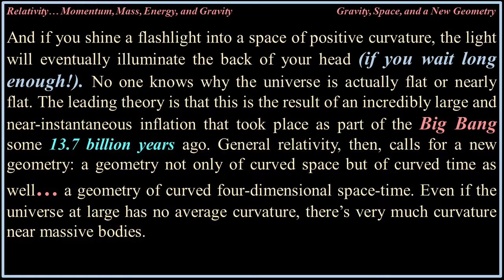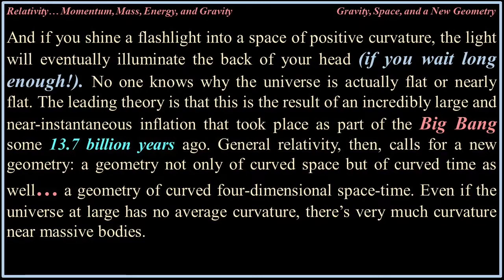And if you shine a flashlight into space of positive curvature, the light will eventually illuminate the back of your head if you wait long enough. No one knows why the universe is actually flat or nearly flat. The leading theory is that this is the result of an incredibly large and near instantaneous inflation that took place as part of the Big Bang some 13.7 billion years ago.